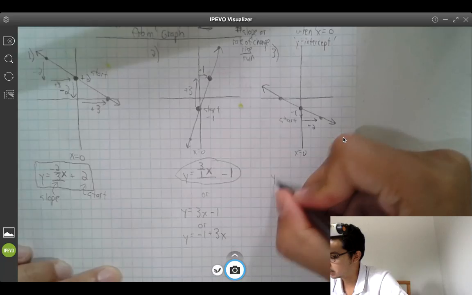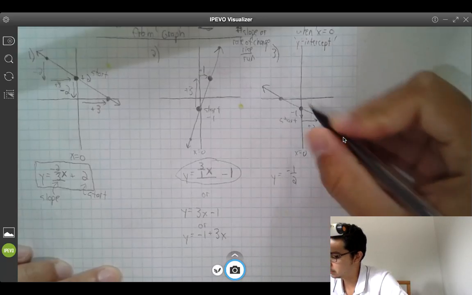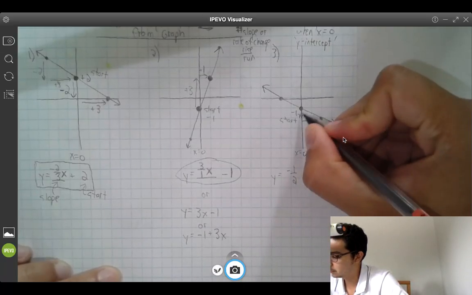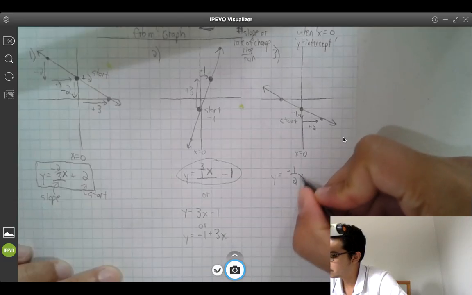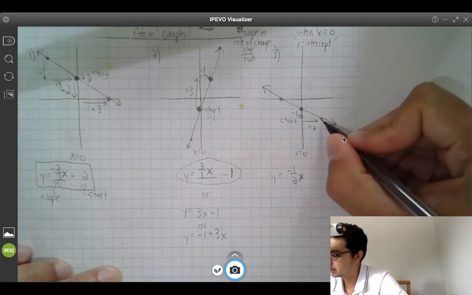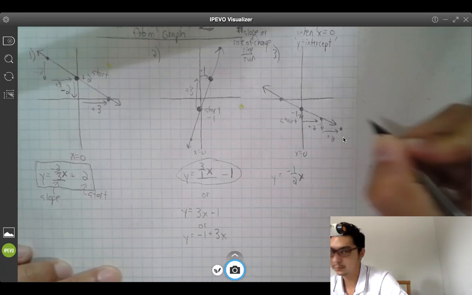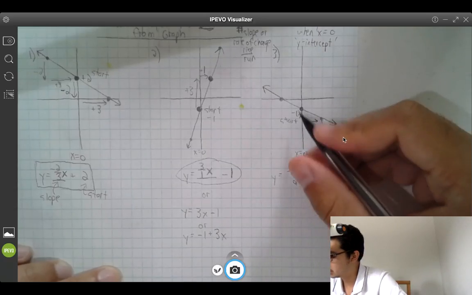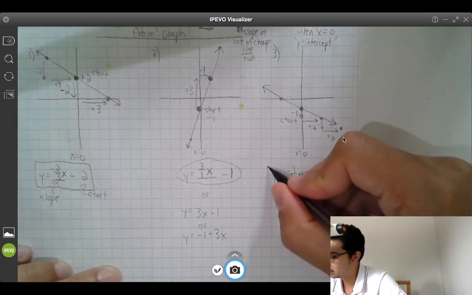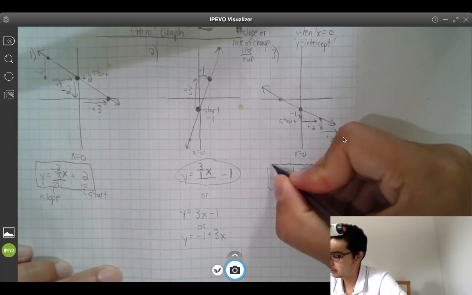So then that means it's going to be negative 1 over 2, because it keeps doing that. It's going to keep going down 1 over 2. And then it started at negative 1. And there's the equation of that one.